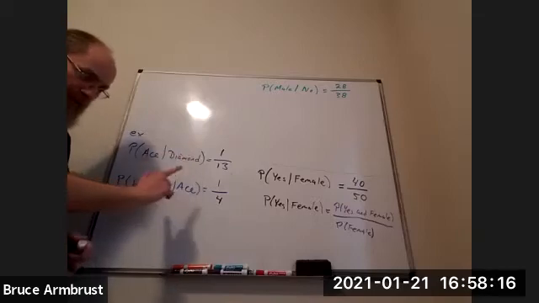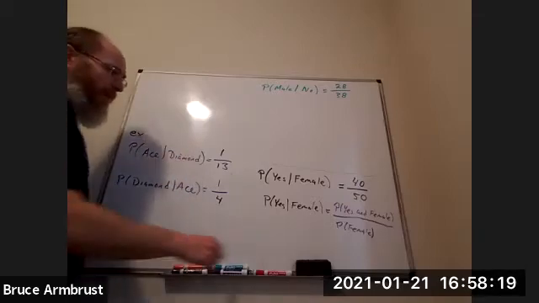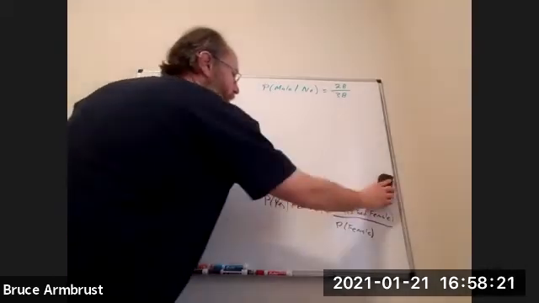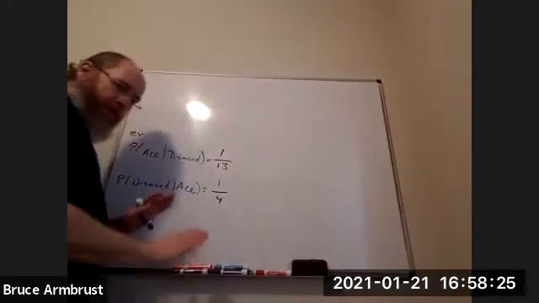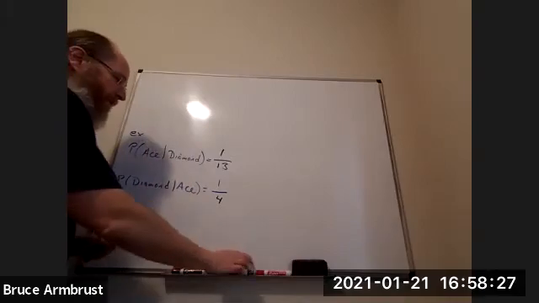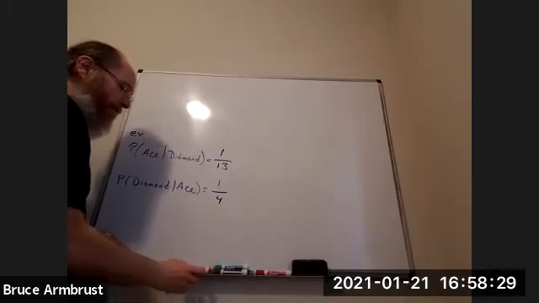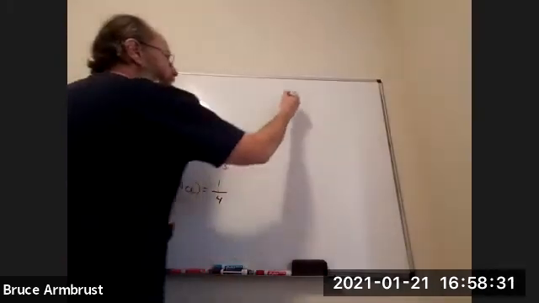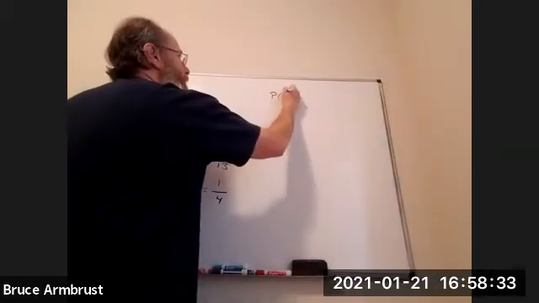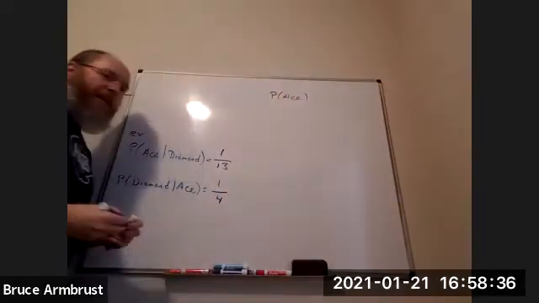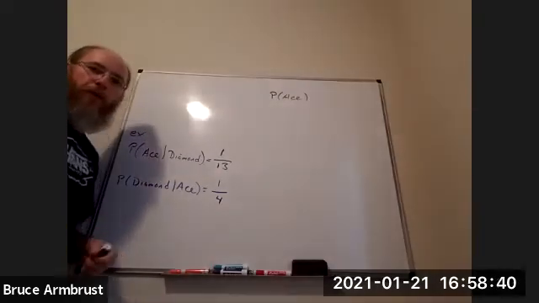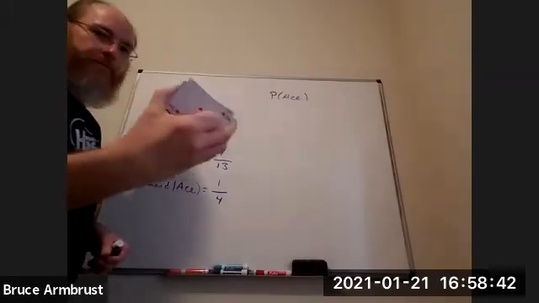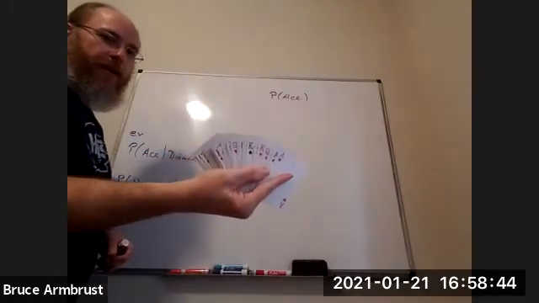Real quick before we leave this, there's something else I want to remind you about. How about this probability, just with a whole deck of cards, not conditional or anything: what's the probability of just drawing an ace? We're going back to the full deck, not restricted anymore.